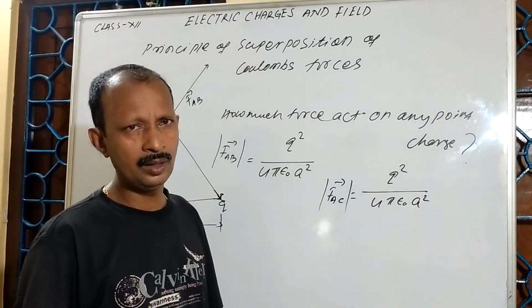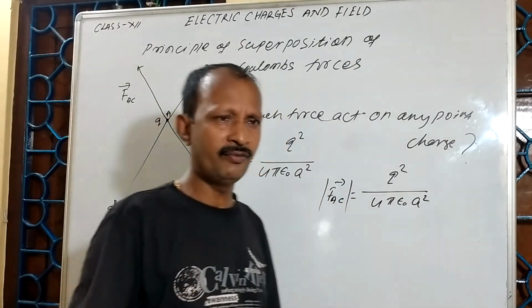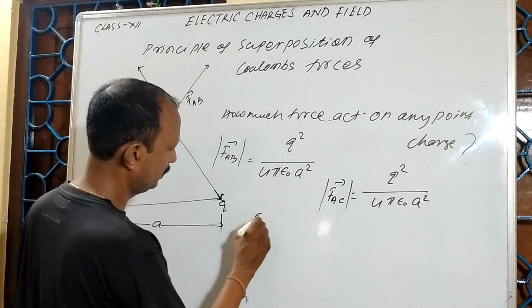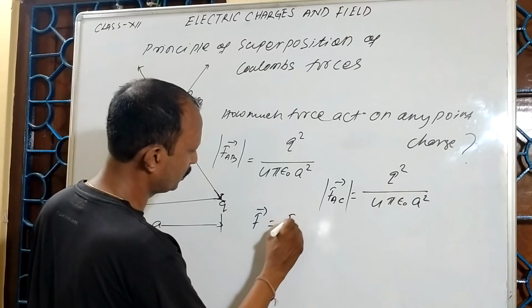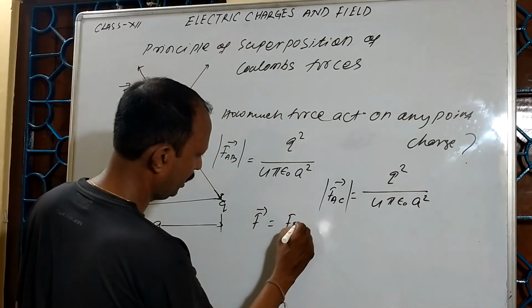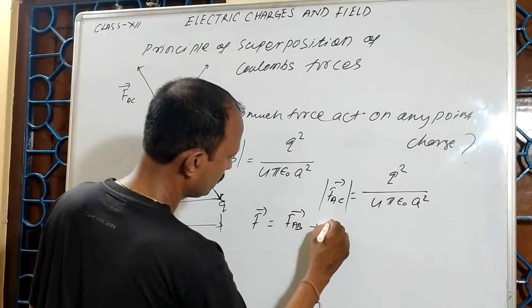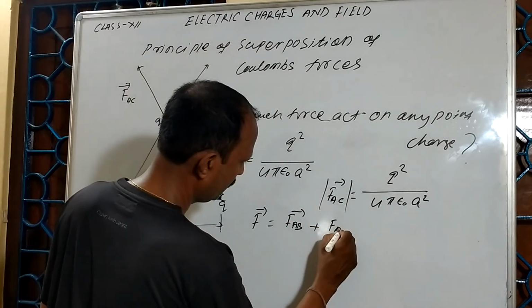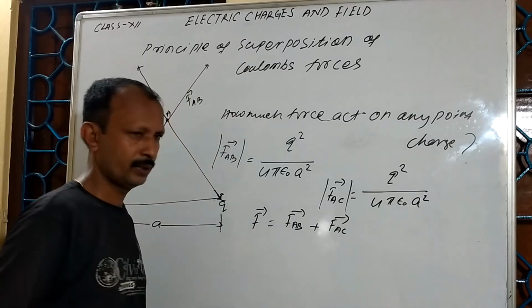Then what about the resultant force? We know that this net force is F AB plus F AC.